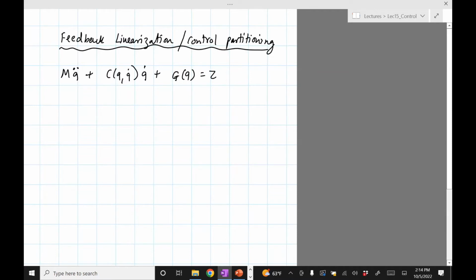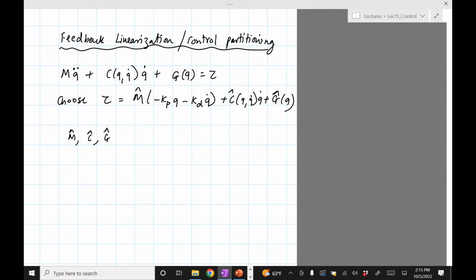Okay. What we'll do is we'll choose a torque, and the torque is something which we can tune to whatever you want: m hat times minus kp q minus kd q dot, plus c hat q dot plus g hat q. So I wrote down m hat, c hat, g hat.